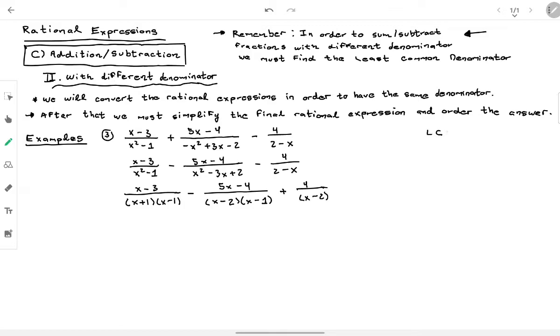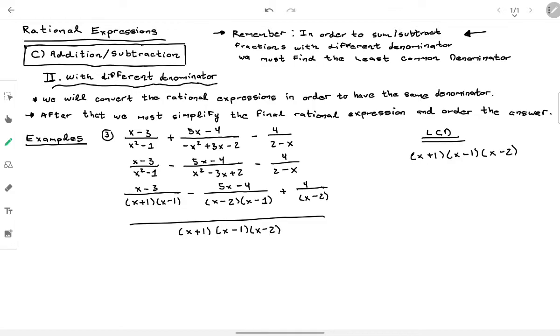What will happen then? Our least common denominator will be composed of all the parentheses we got with the highest power. That means x plus 1, x minus 1, and x minus 2. So now we can have the same denominator here, and that denominator will be x plus 1 that multiplies x minus 1 that multiplies x minus 2.